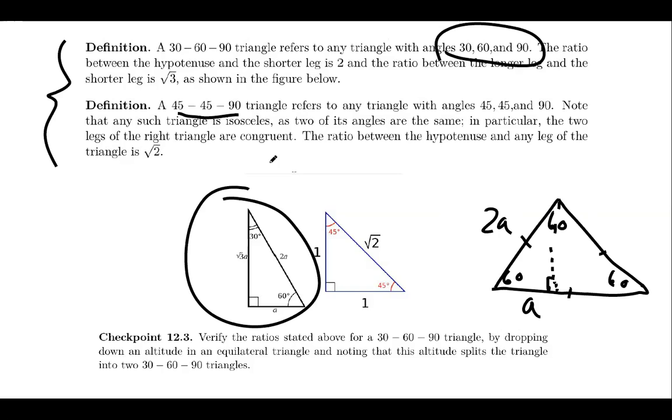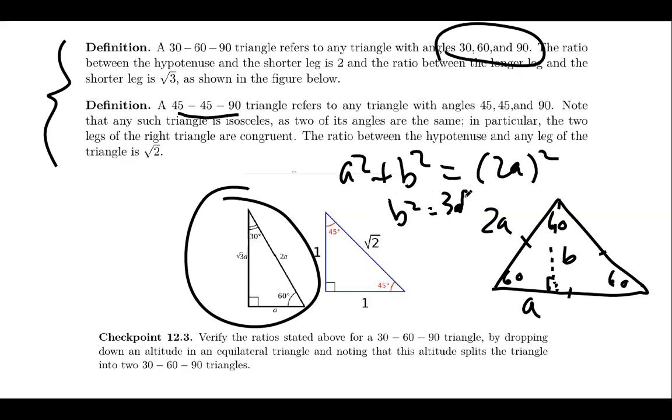And then if we just use the Pythagorean theorem to find the other side, so let's say this is b for now. a squared plus b squared equals (2a) squared. So b squared equals 3a squared, or b equals root 3 a. And that gives us all of the ratios that we see here.